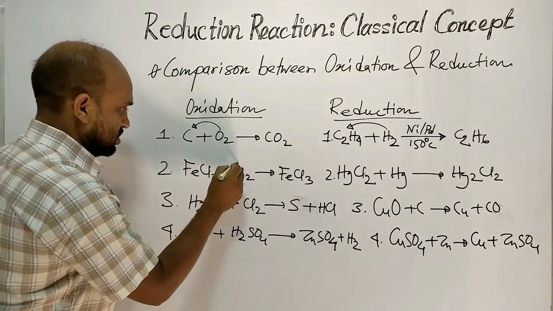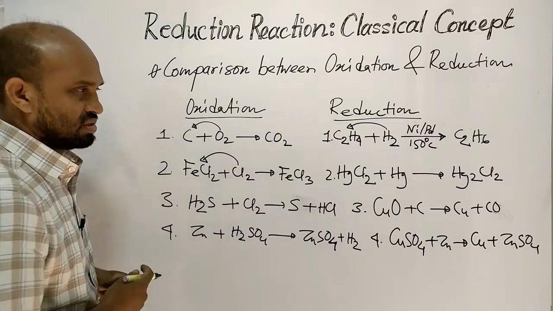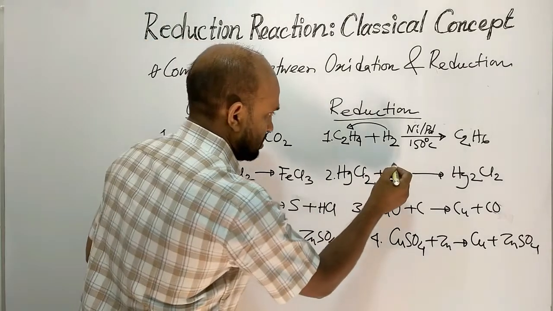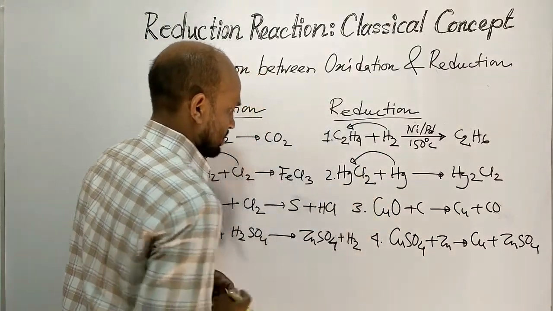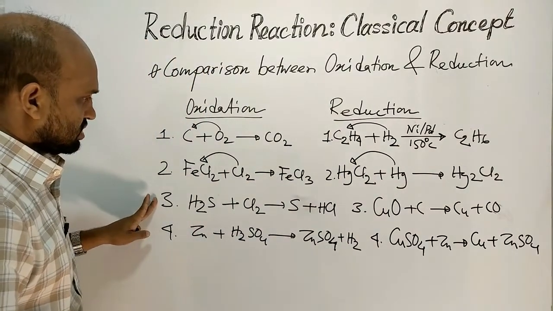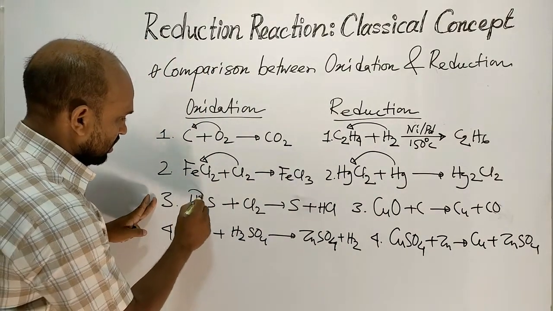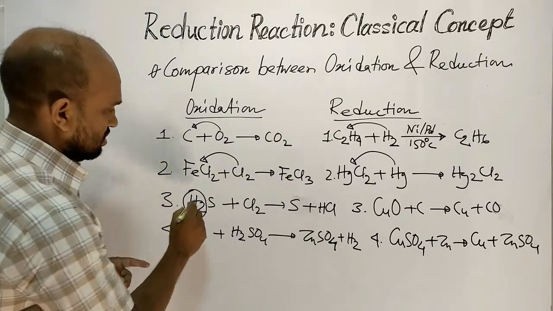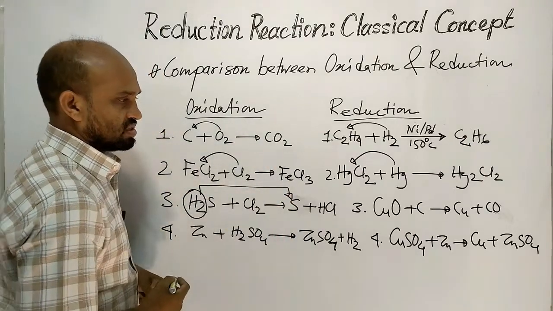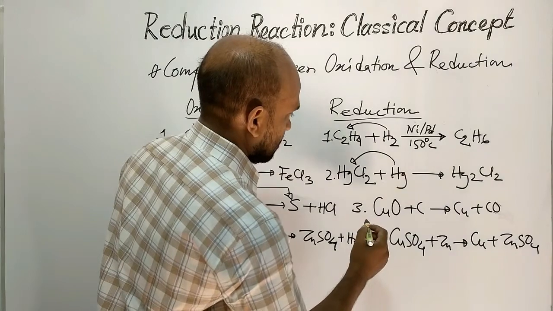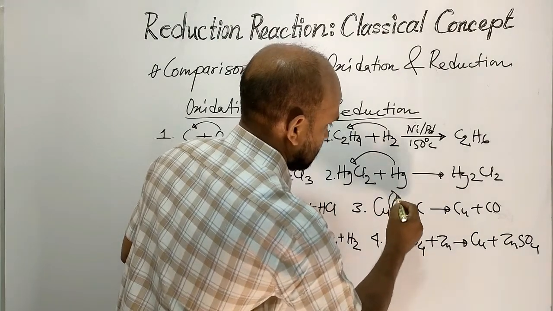Oxidation is addition of electronegative element, reduction is addition of electropositive element. Oxidation is removal of hydrogen, and reduction is removal of oxygen.